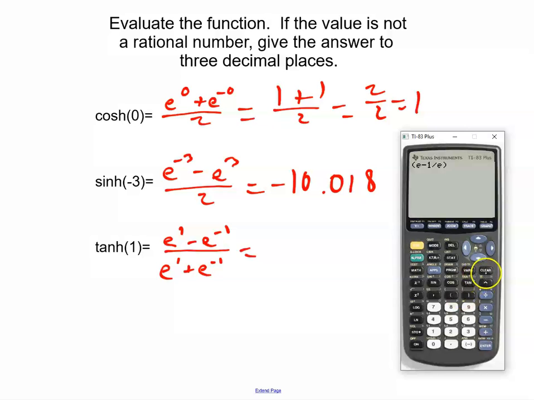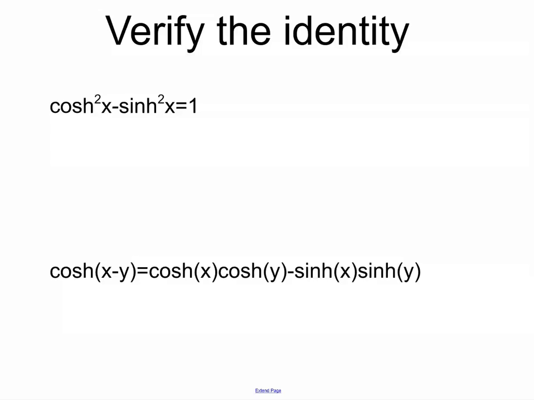Either way is correct, so I'll leave it as that on the top, but then when I do my bottom, I'll do the exponent one, just so you can see the various ways of typing this in. But notice how I have parentheses around the numerator and parentheses around the denominator, and then e to the -1, close my parentheses for the exponent and my parentheses for the denominator, and I get 0.762.